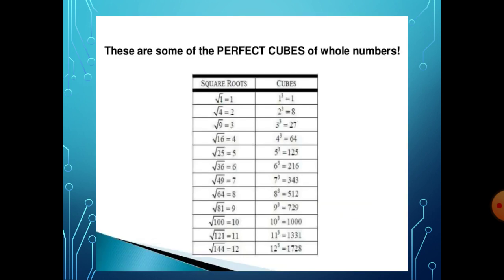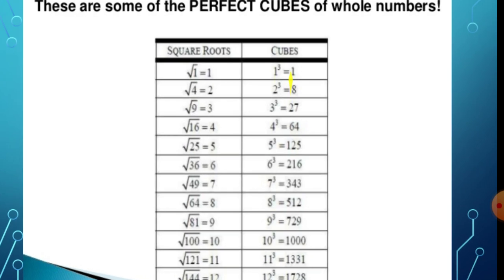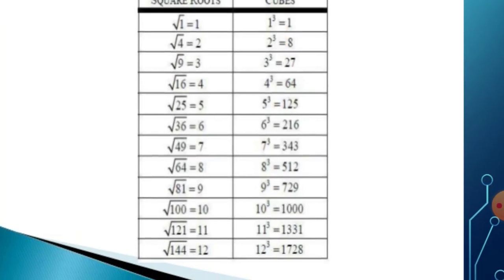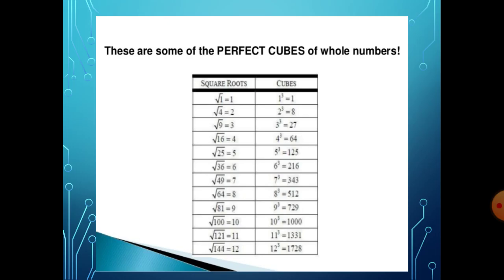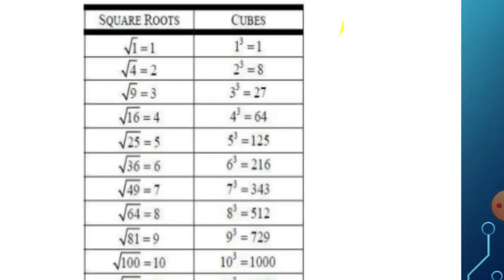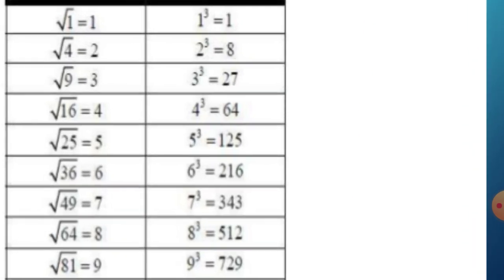You can see some of the perfect cube numbers from 1 to 10. Cube of 2 is 8. Cube of 3 is 27.